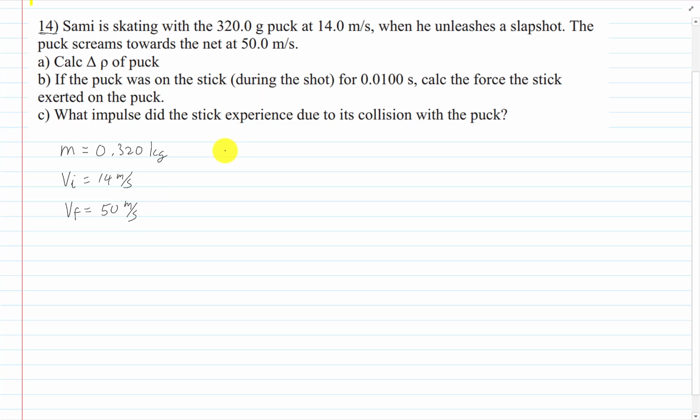Calculate the change in momentum. So the change in momentum is mass times the change in velocity. The mass is 0.320 kilograms, and the change in velocity is final minus initial. The final is 50 meters per second, and the initial is 14 meters per second.